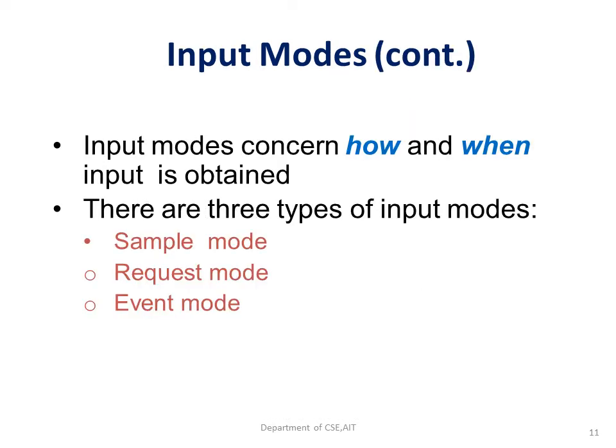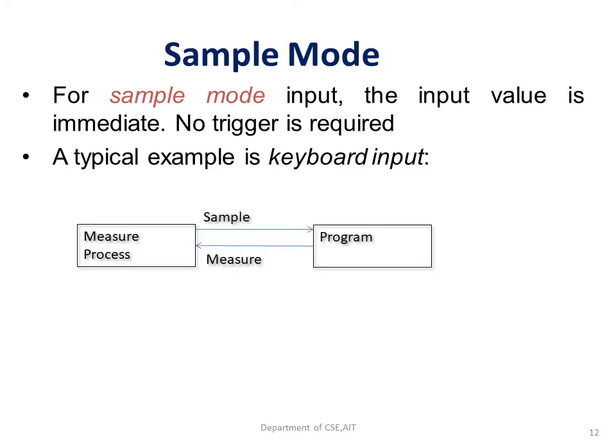Based on the trigger and the measure, that is the how and when of the input device, we can have three types of modes. The first is the sample mode, then the request mode, and then the event mode. First, the sample mode. The sample mode input is immediate.